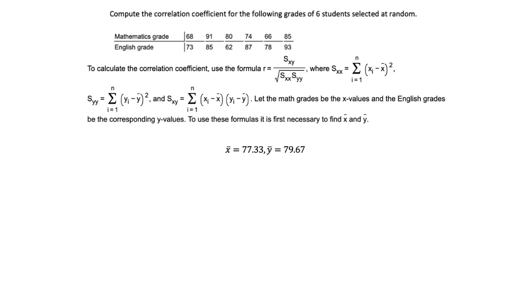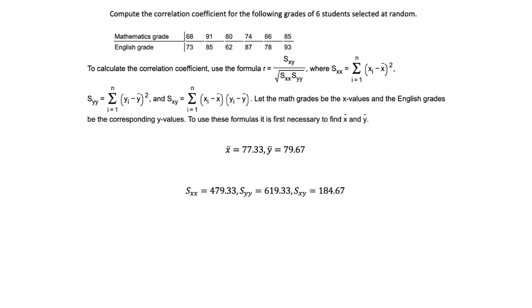So, first of all, we have to calculate X bar and Y bar. The value for X bar is 77.33, Y bar is 79.67. My recommendation here would be to use technology, perhaps a graphing calculator, or Excel, to calculate these values for our sums, because they are quite tedious to do.